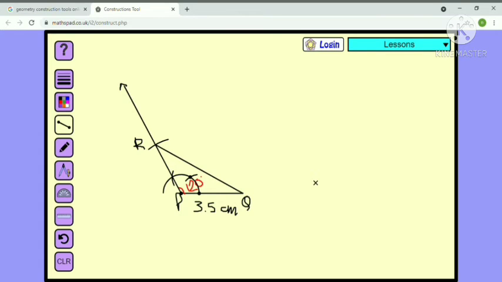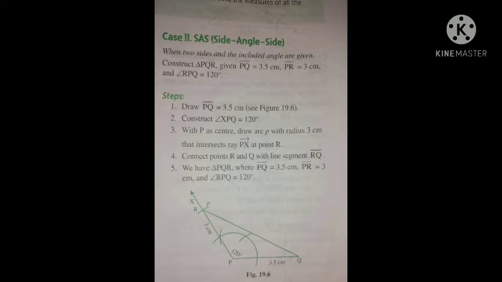So now we have obtained a triangle PQR where the line segment PQ is equal to 3.5 cm, PR is equal to 3 cm, and angle RPQ is equal to 120 degrees.